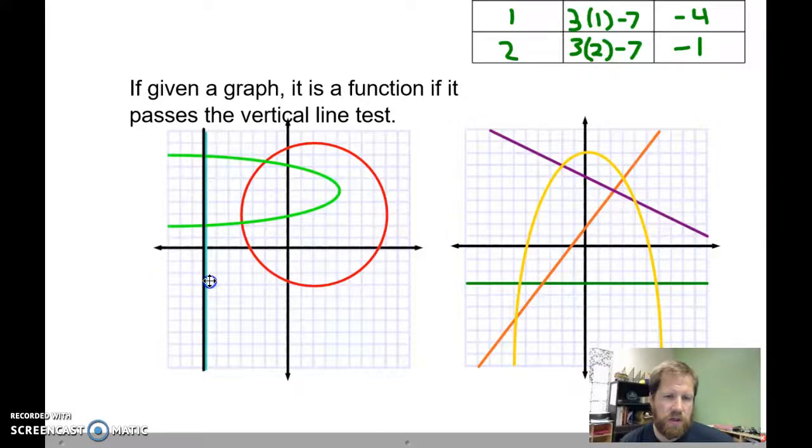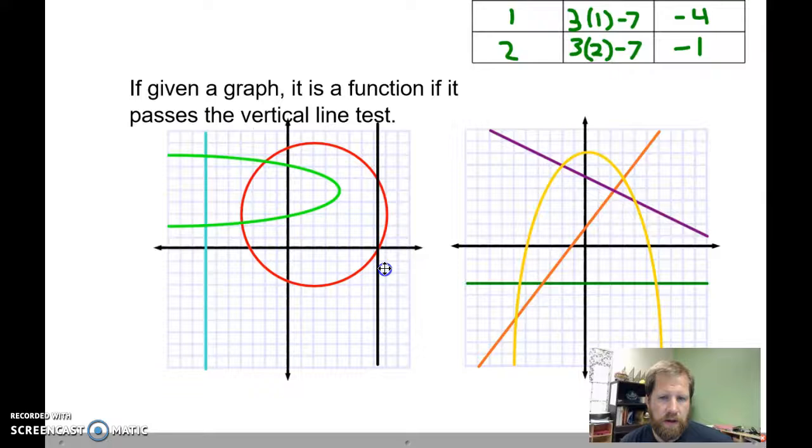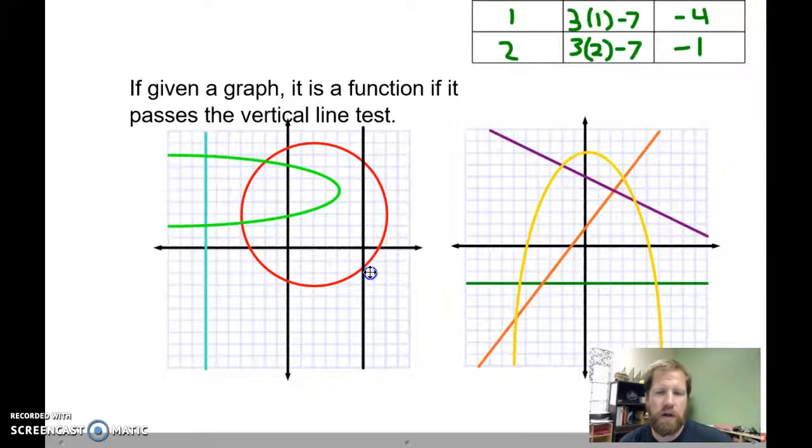With this one, I actually have an infinite number of y values for my one x value, because it overlaps. For a circle, I have one value about here, but then anywhere else on this shape, I have two values. So if at any point on that line you have more than one y value, it's not going to be a function.